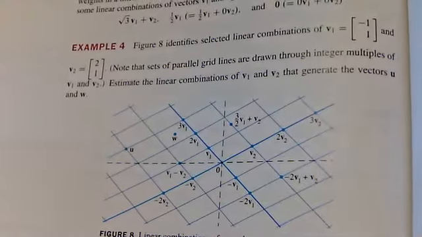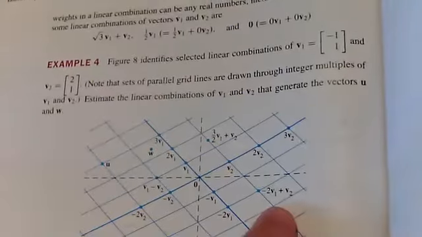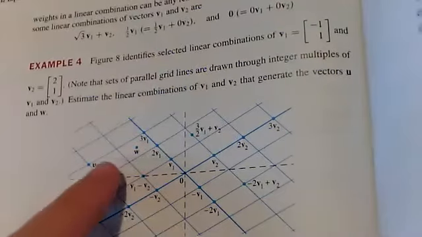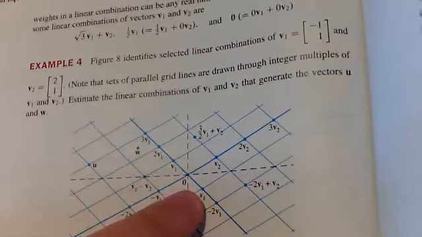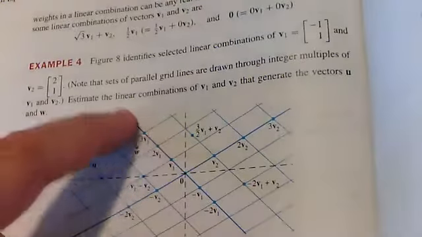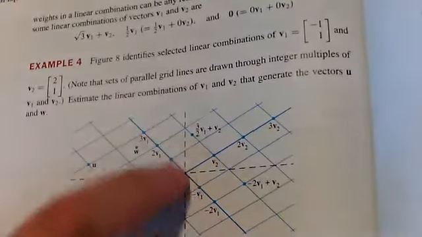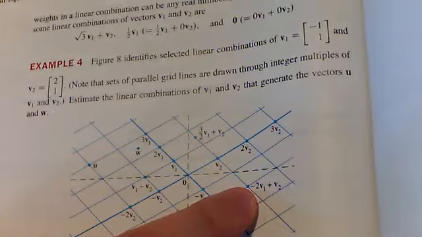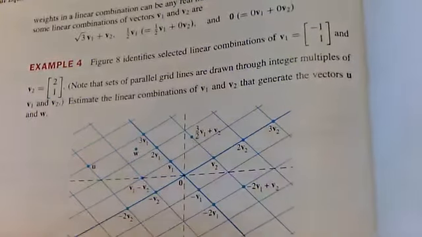So for example, if I take the vector -2v1 plus v2, what I'm doing is taking -2v1, so 1, 2, moving along what we'll call the v1 axis. Go 2 units on the v1 axis, and then up 1 along the v2 direction, or the v2 axis.